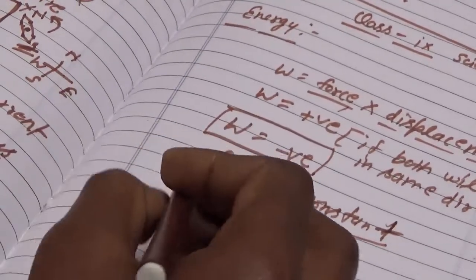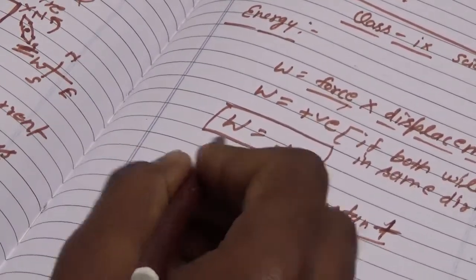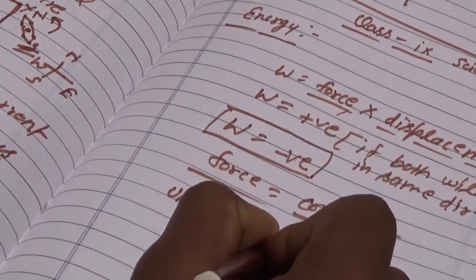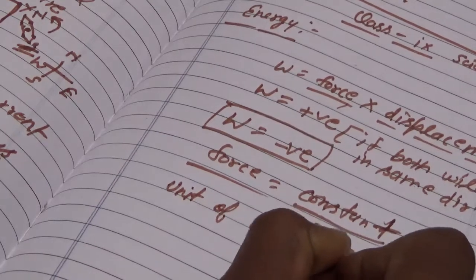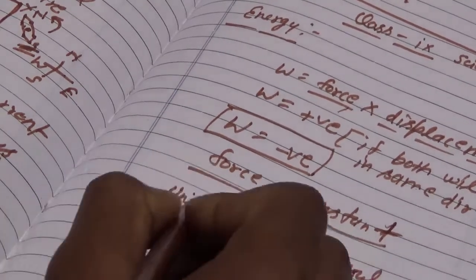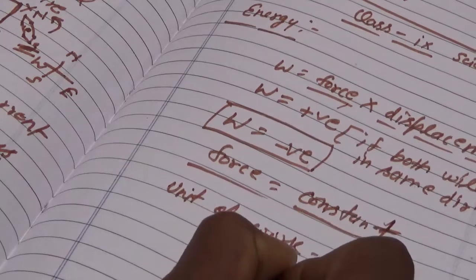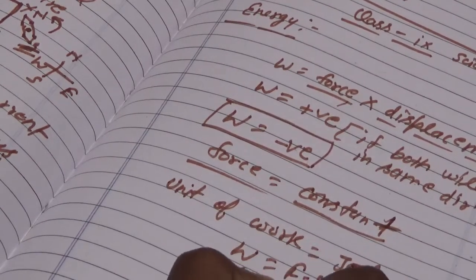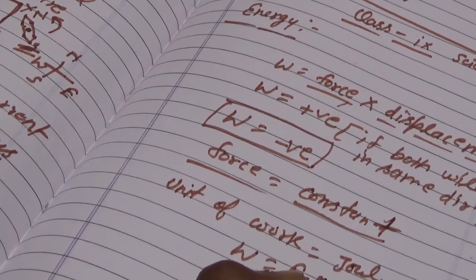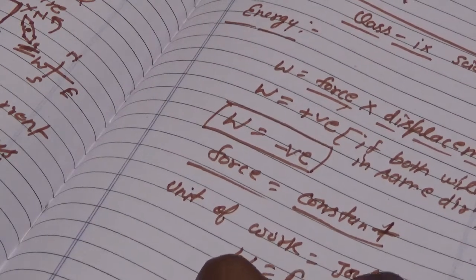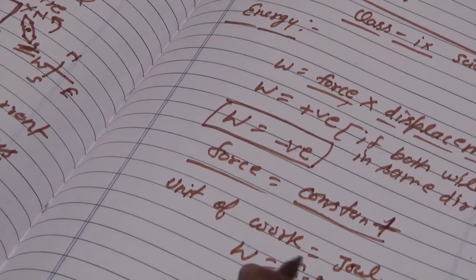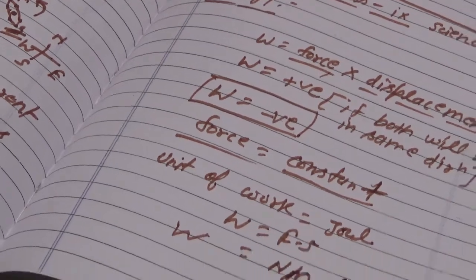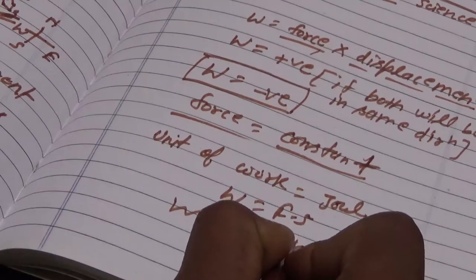Now we have told you the unit of work. The SI unit of work is joule, and from the formula W is equal to Fs we can calculate it. The SI unit of force is Newton, and as displacement is in meters, the unit of work is Newton meter.